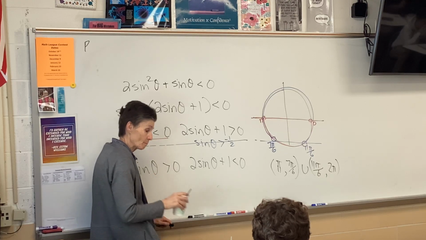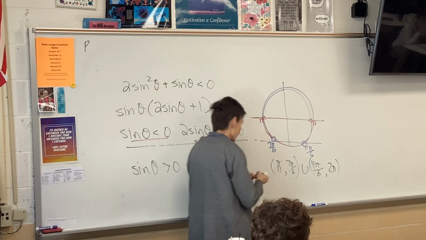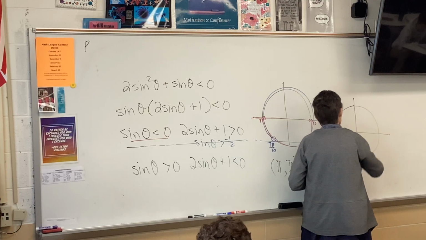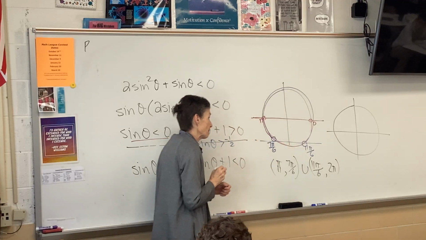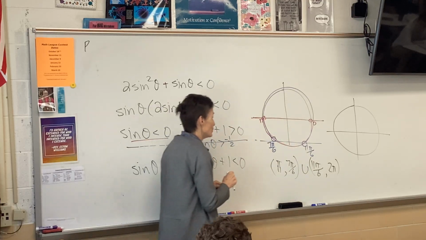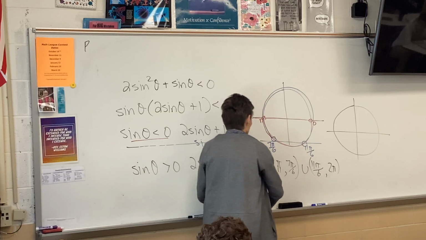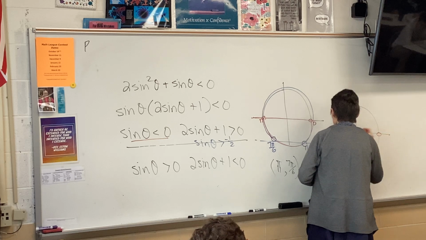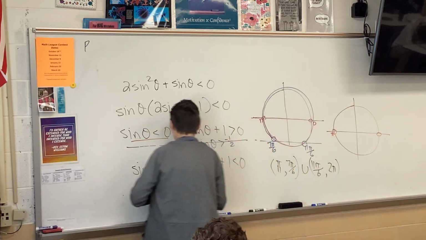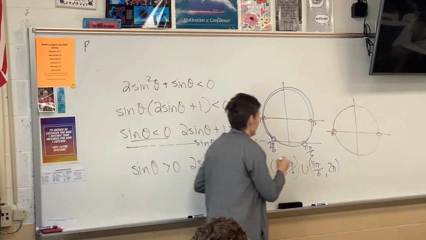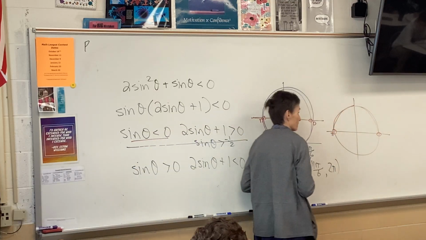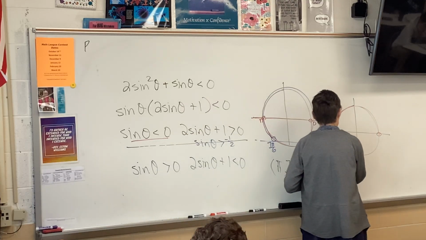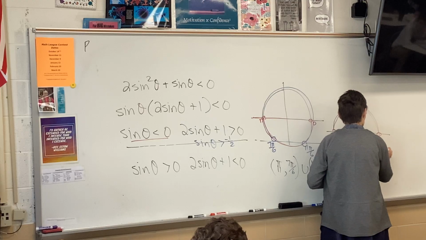Right, you're half done. Now, the good news is, the second half of the problem is going to have exactly the same dots. So depending on how astute you are and how organized you are, you don't need to redraw. You're gonna have dots at 0 and pi. And this time, you're gonna be greater than those. And you're gonna have dots at 7 pi over 6 and 11 pi over 6.